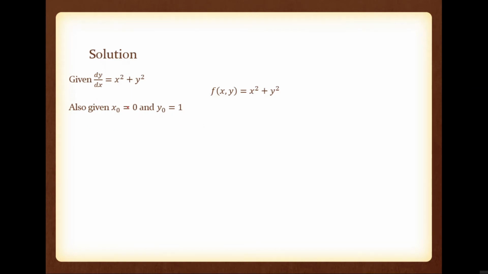The initial condition is y equal to 1 when x equal to 0. So now I told you, take h equal to 0.1. Means we are going to find 5 points. Take h equal to 0.1.